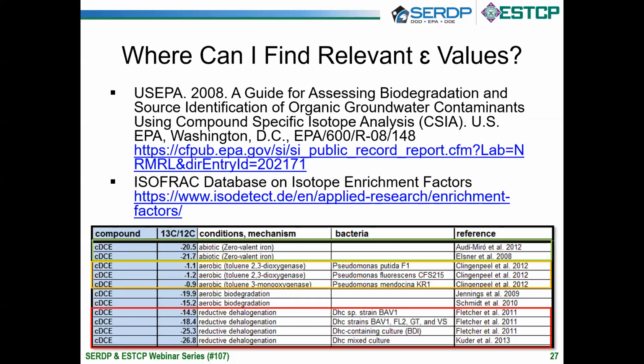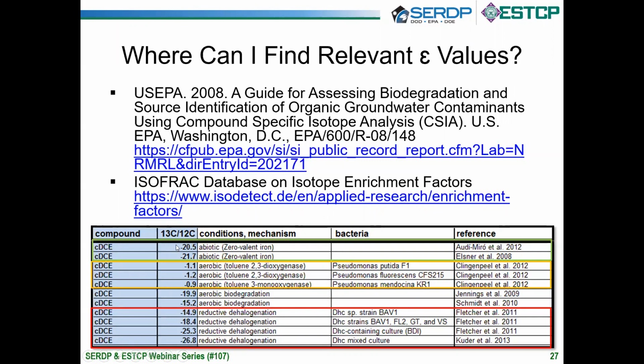If we look, this is just an example from the Isofrac database. Essentially what we have here is our compound of interest, cis-DCE. Here's our epsilon value. Here are the conditions, or the presumed mechanism of the reaction, and then you have the reference on the right. Just to show you some differences, this is zero valent iron catalyzed degradation of cis-DCE. Here's an example of relevant epsilon values for that.